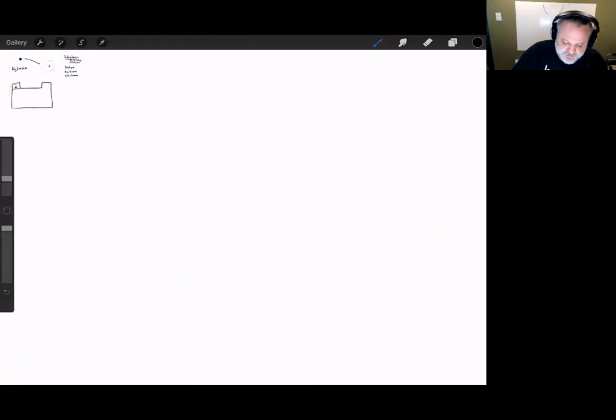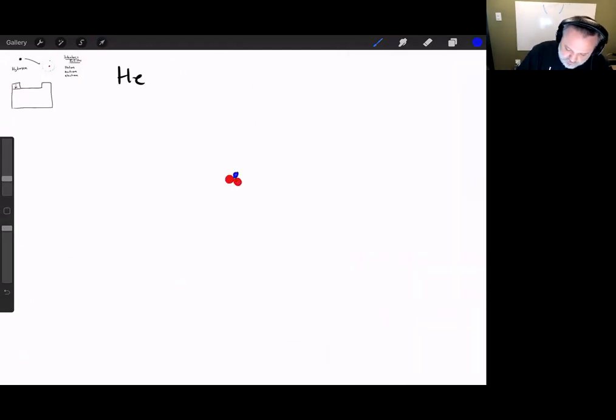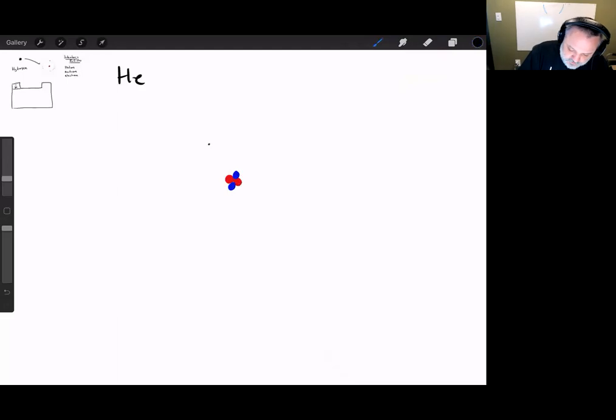Let's think about helium. It turns out that helium has 2 protons, 2 neutrons, and it has 2 electrons in an orbit around the atom.